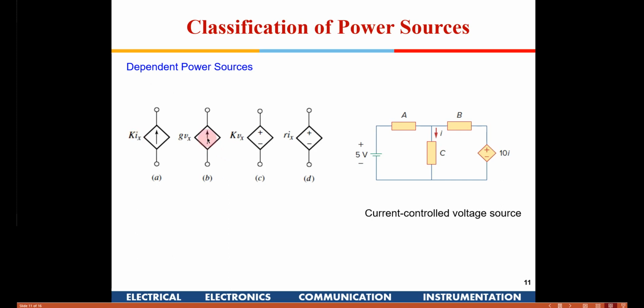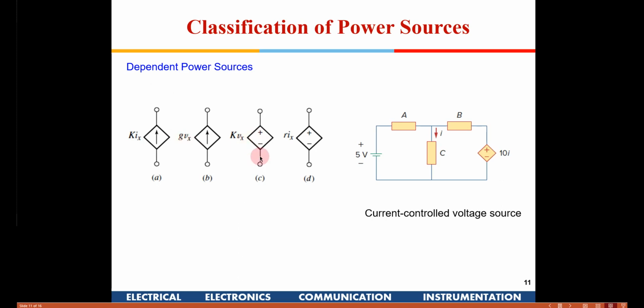Similarly, you can have a current source which depends on a voltage Vx in some other branch of the circuit. This will be the one which is going to have the G. It will be called G as a transconductance, so that once you multiply transconductance with V, it will give current, right? So G, transconductance, stands for I by V. Okay, so that's why we use the symbol G.